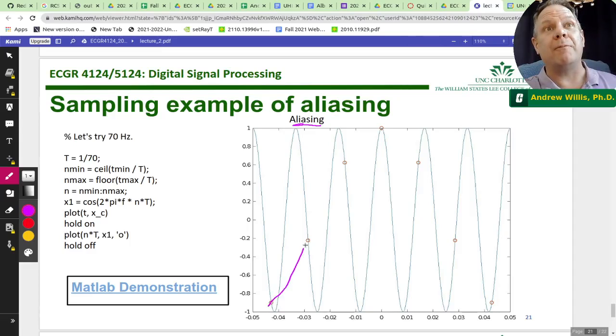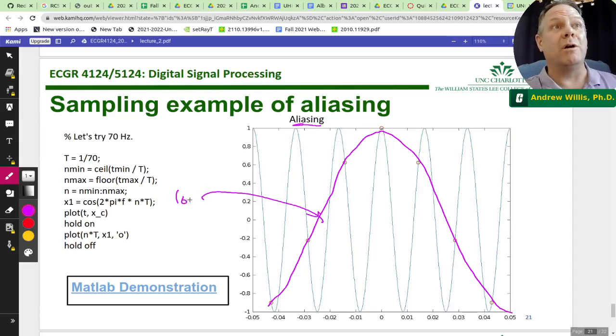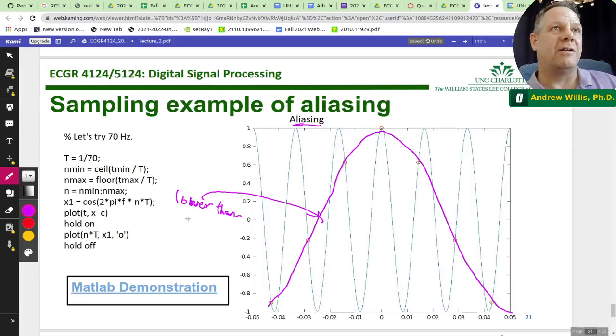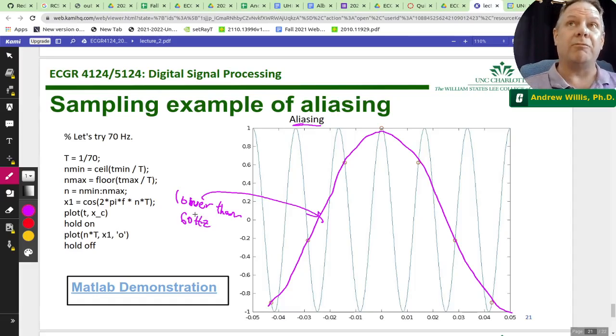You can consider this to maybe have come from a sinusoid having this frequency. And so this frequency is lower than 60 hertz. So when you start sampling at rates lower than twice the frequency that you have as input, the signal sort of appears as a frequency other than what it should.